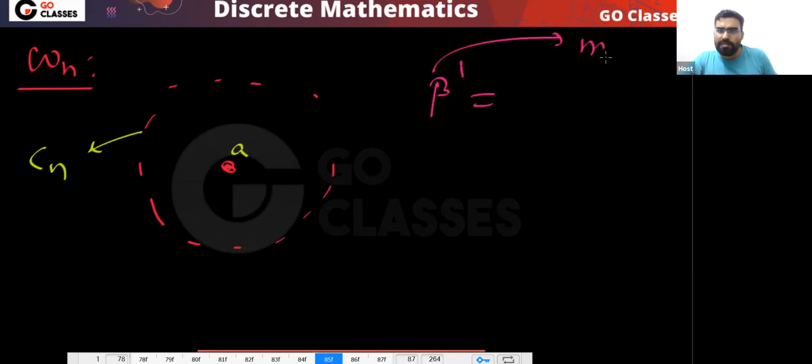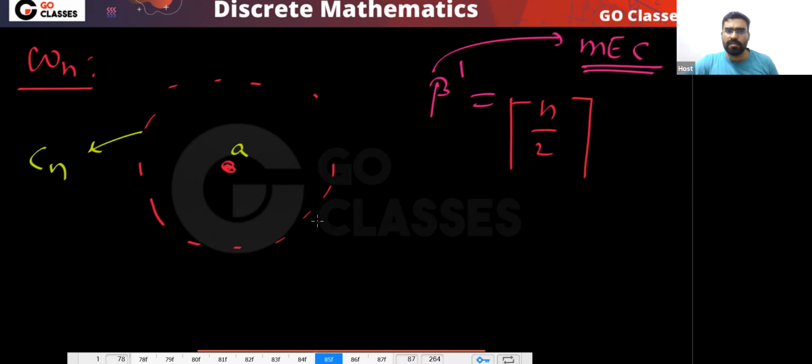Beta dash means minimum edge cover. This will not be a problem because it will be just n by 2 ceil. This will be enough, n by 2 ceil. Because what you can do, around you, if you want to cover all the vertices, here you can take n by 2 floor and you can take +1. Yes or no? So for example, if your n is odd, tell me, if you have an odd number of vertices here, then what you need to do?